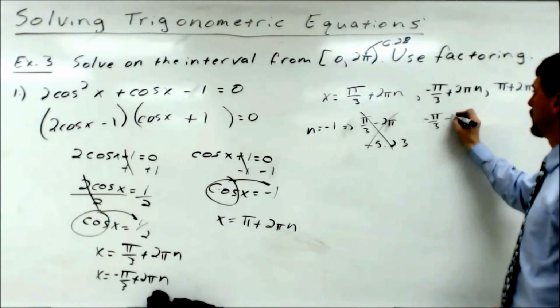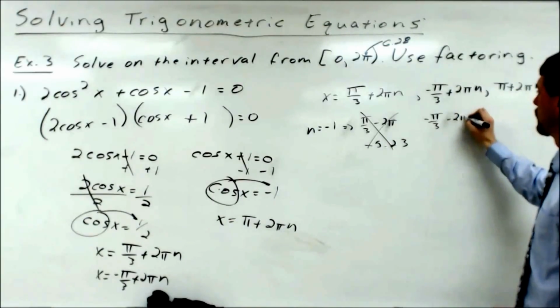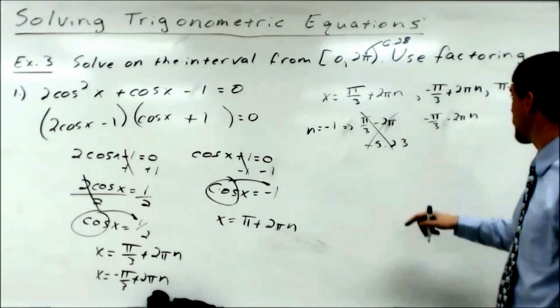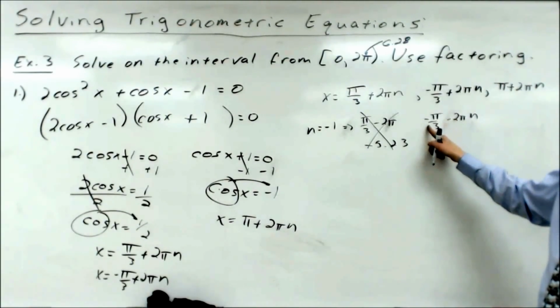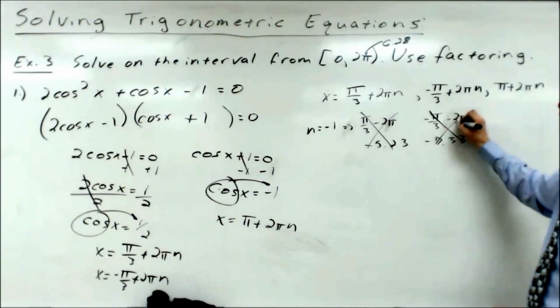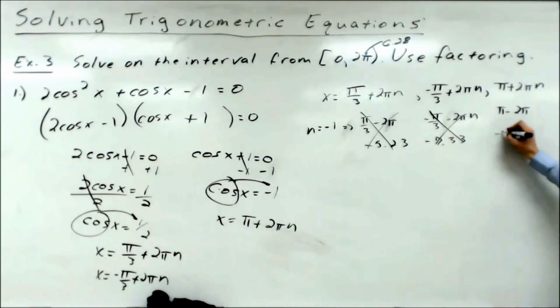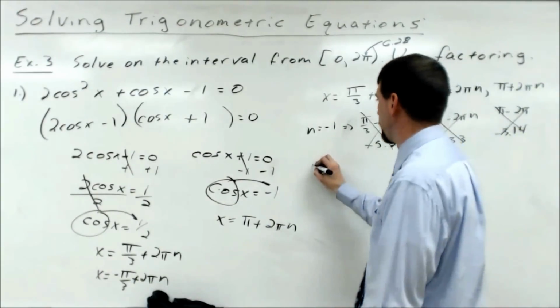Negative pi over 3 minus 2 pi: negative 6.28, we're punching all this in the calculator, negative 6.28 minus 1.05, so it's negative 7.33. Doesn't work. Pi minus 2 pi, well, it's negative pi, so negative 3.14. Again, that one didn't work. So n equals -1 didn't work.